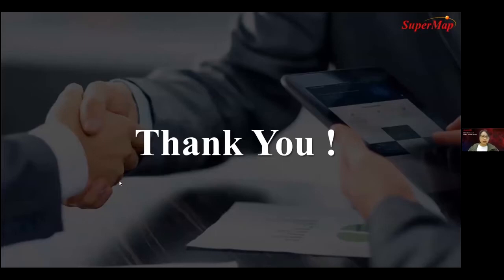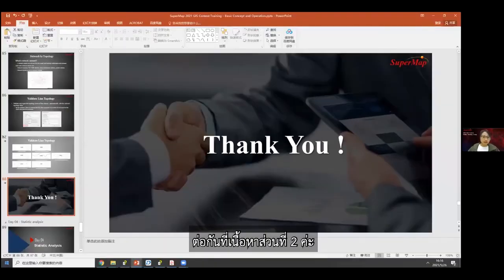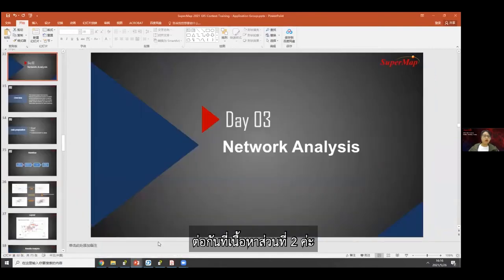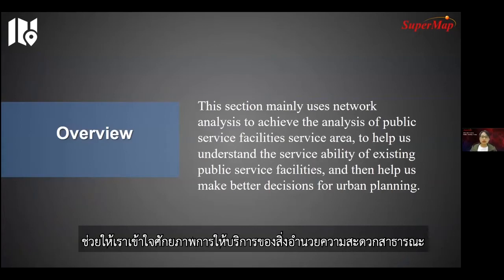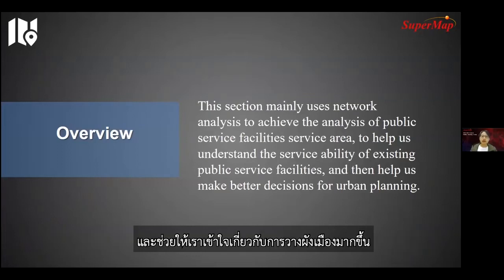Then after that, let's go to the second part, the demonstration. This section mainly uses network analysis to achieve the analysis of public service facilities service area, to help us understand the serviceability of existing public service facilities, and then help us make better decisions for urban planning.